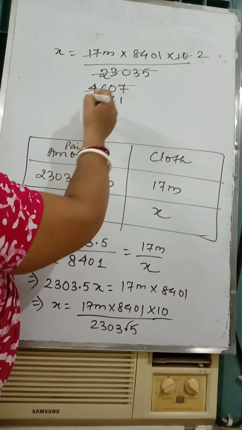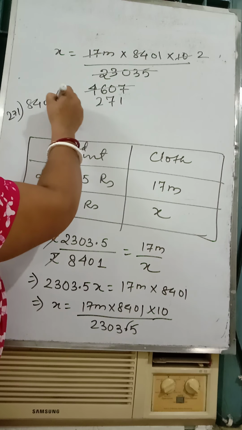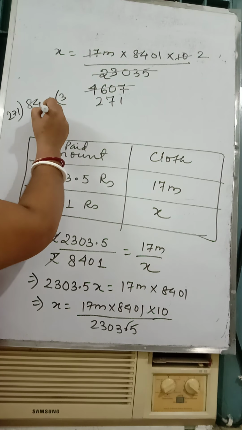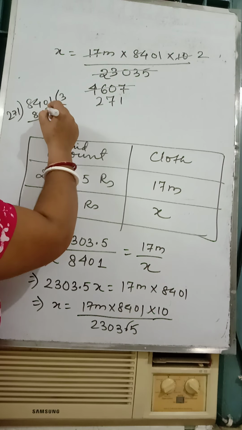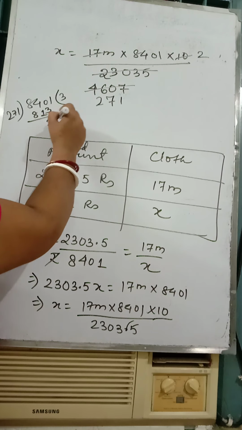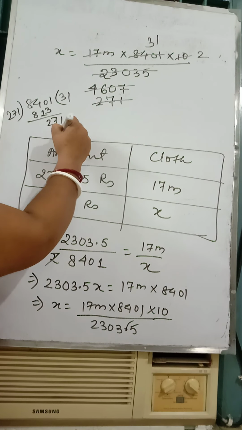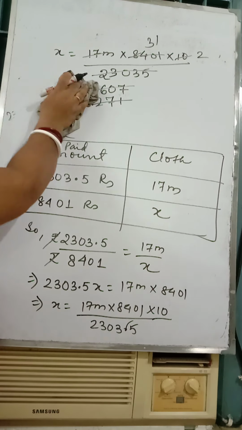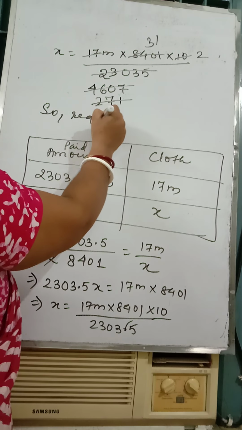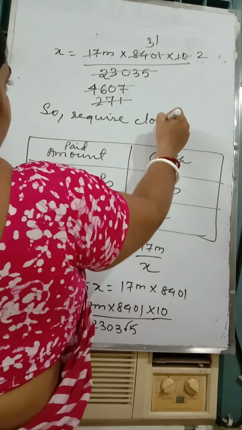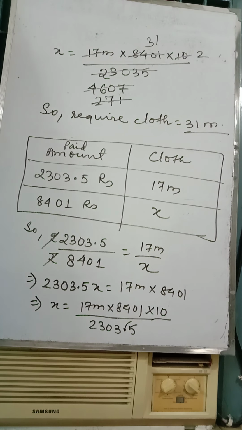Now 8401 by 271, 31 times. 3 1s are 3, 3 7s are 21, 3 2s are 6 and 2 8s. 7 2 1, 31 times. Is it? So the required cloth is equal to 31 meters. Okay, it was question number 7, my dear.